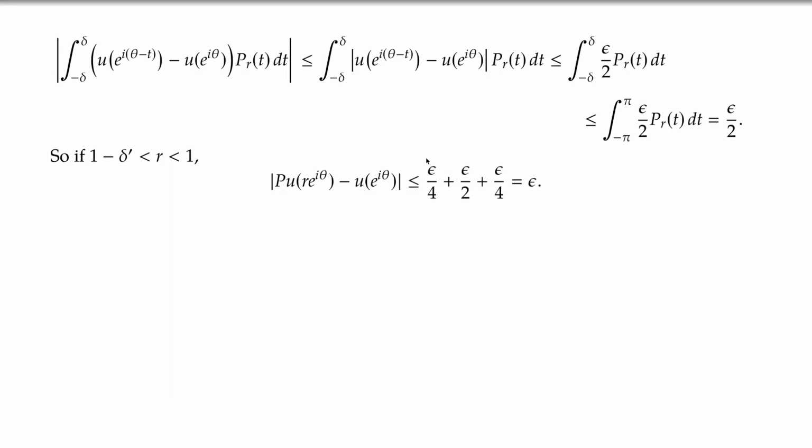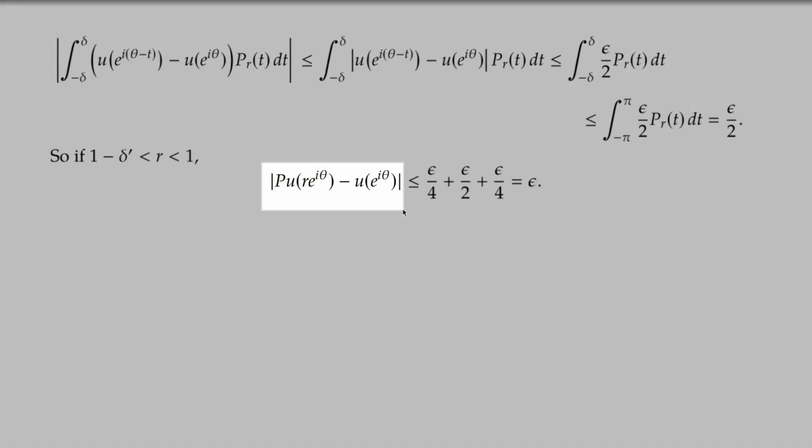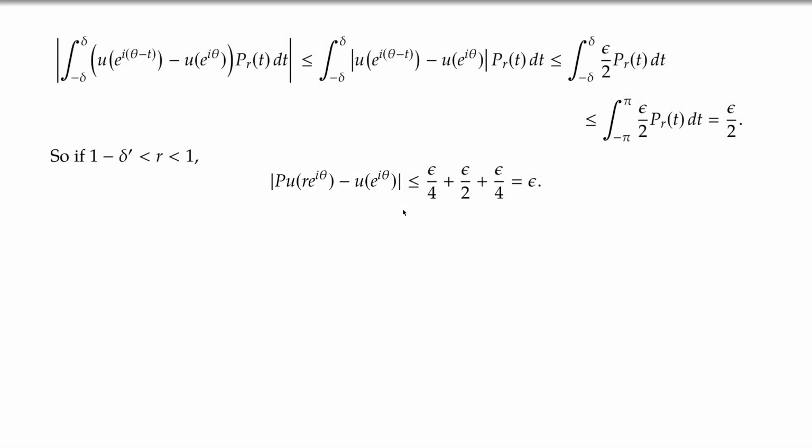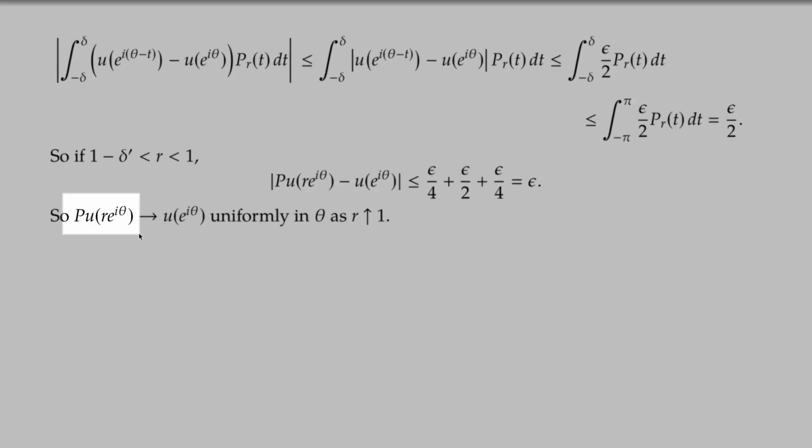Then this is less than epsilon, and this was true for all theta. So what does that mean? That means that this guy, pu of r e^{i theta}, goes to u e^{i theta} uniformly as r goes to 1.